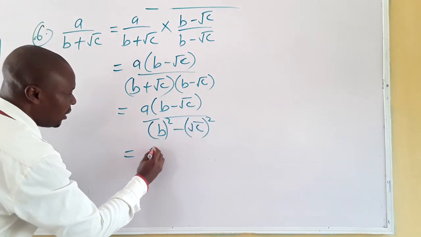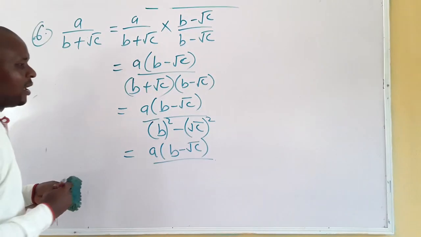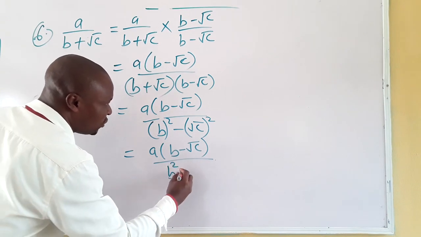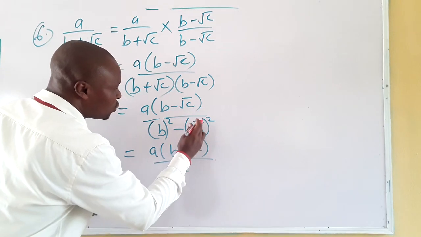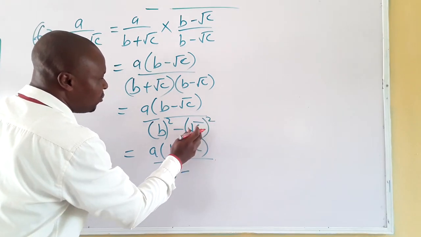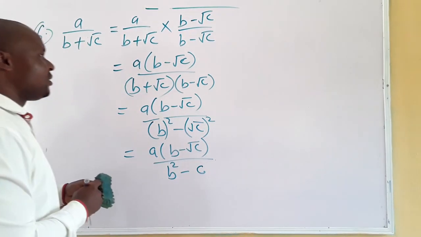Now b squared is b squared, that doesn't change, minus square root c all squared. This will get rid of the square root sign, so you just have simply c.